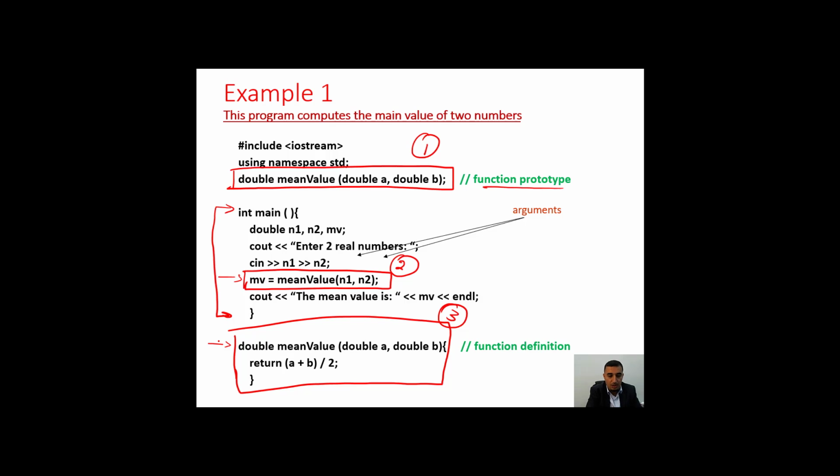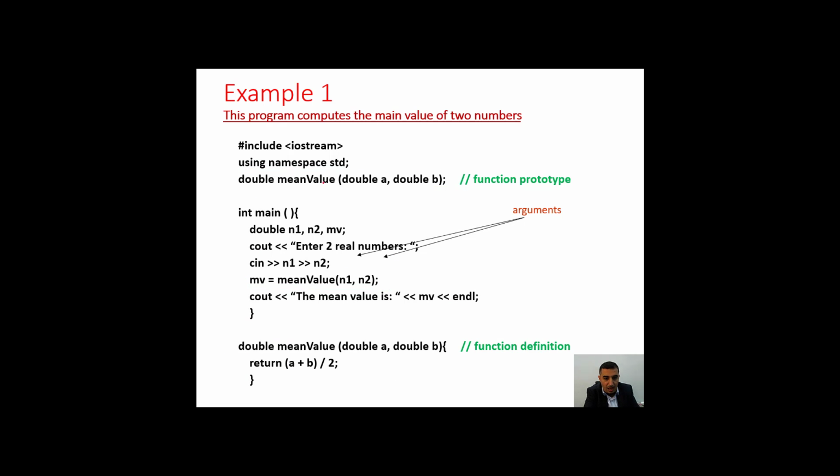So let's go back to this program. First, we have a function that will calculate the mean value of A and B. We ask the user to enter N1, N2, then N1, N2, mean value N1, N2. Now, see N1, it comes in the first place, regardless. What is the name?